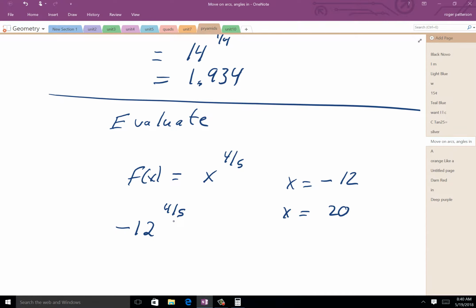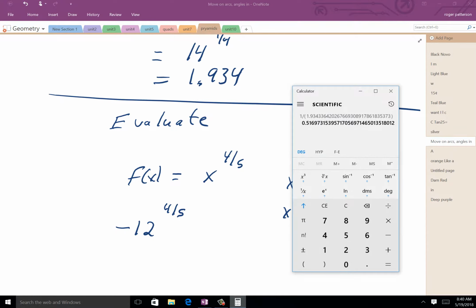It says round to the nearest hundredth. So I'm going to go negative 12 to the, parentheses. I've got to put parentheses or else it doesn't divide it out, right? 7.3. How come it's not negative 7.3?